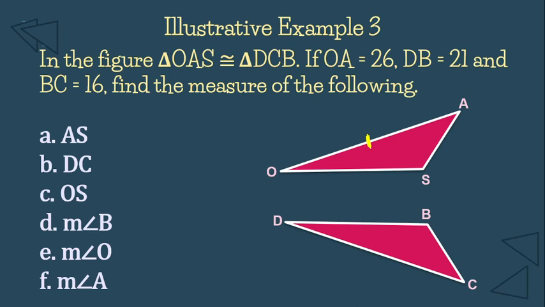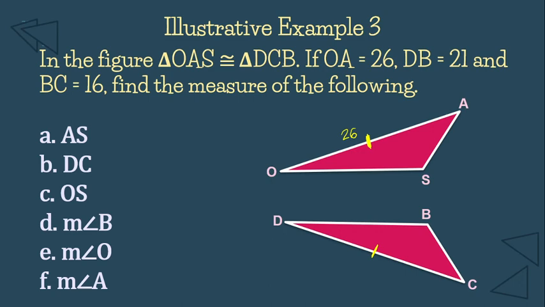This one, OA, ay equal or congruent kay DC. So, let's put markings para mas madali natin siyang ma-identify. So, si OA daw ay may sukat na 26. So, this is 26.